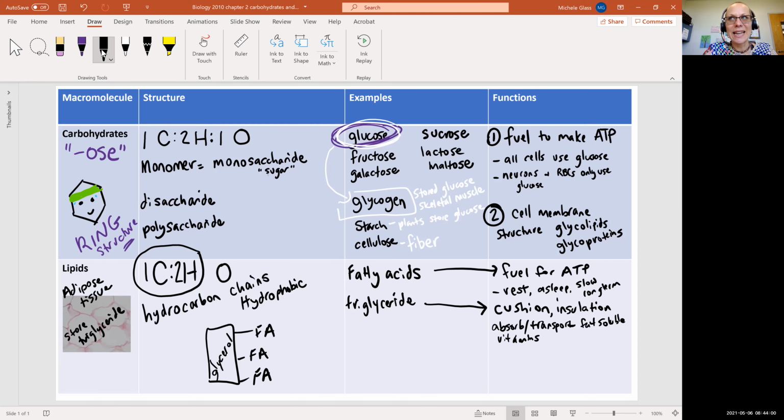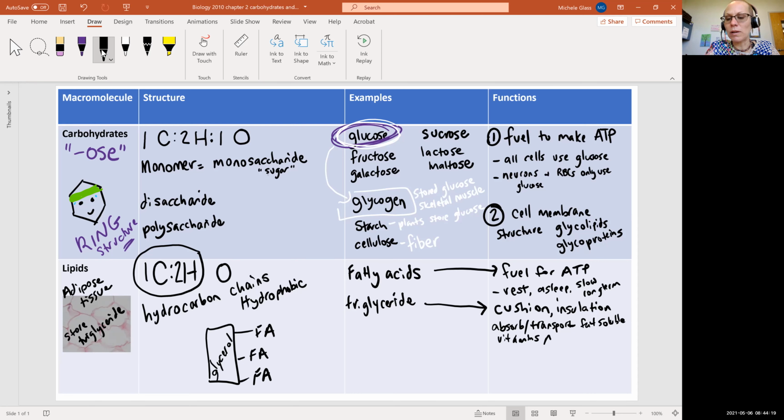That means it doesn't dissolve in water. You either dissolve in water or you dissolve in fats. You either dissolve in polar or you dissolve in non-polar. So without the triglyceride, you wouldn't be able to get those nutrients to the body, right? So that's going to be a super important part.